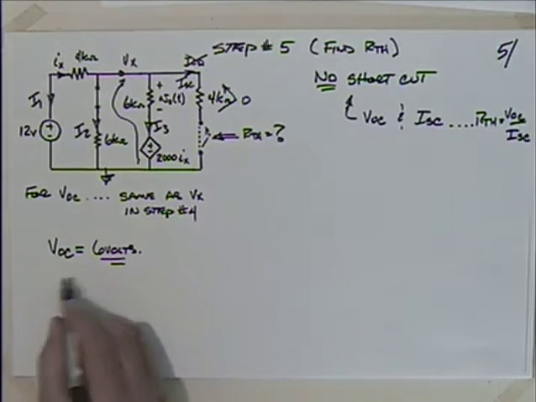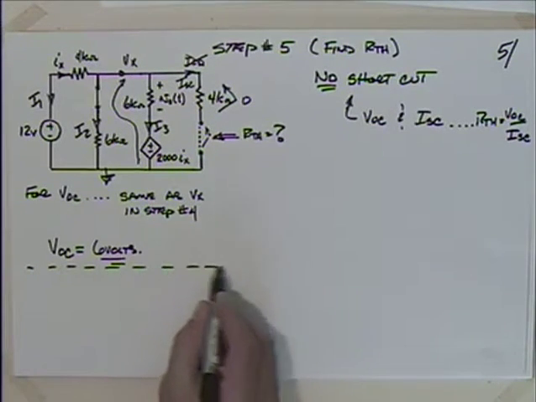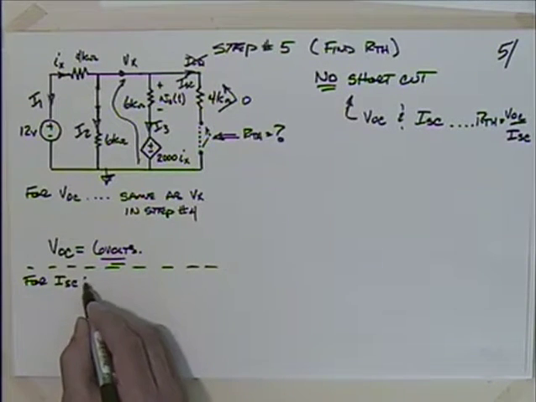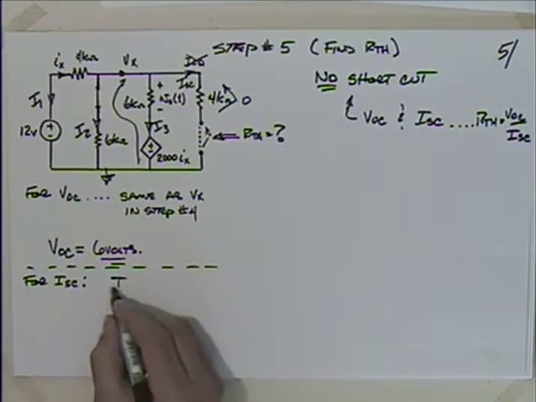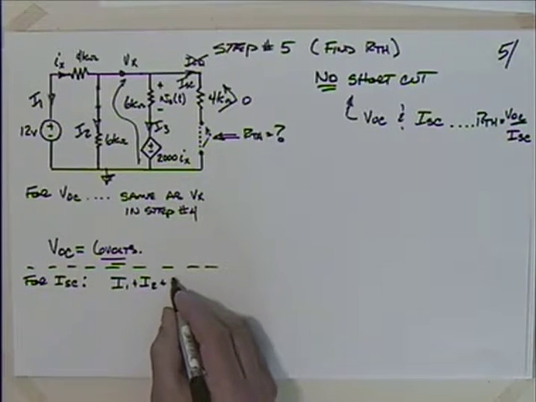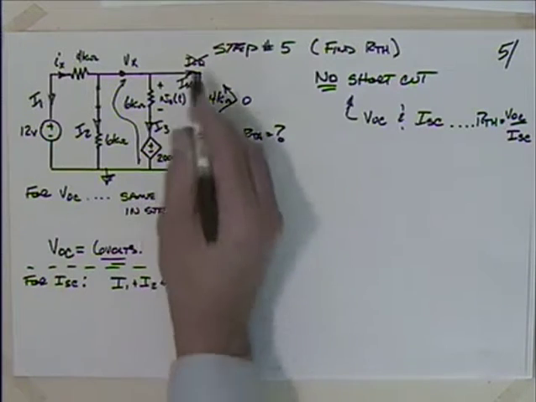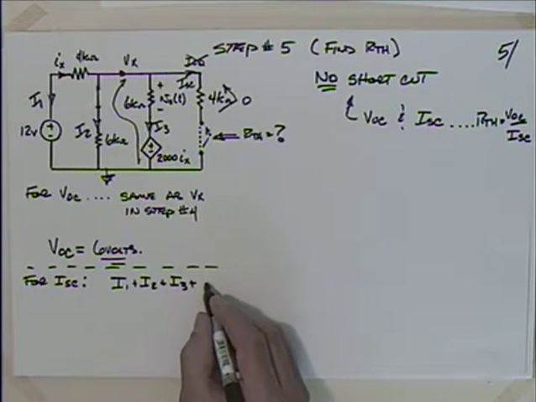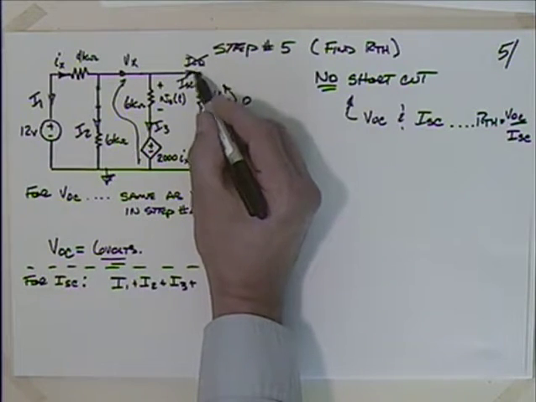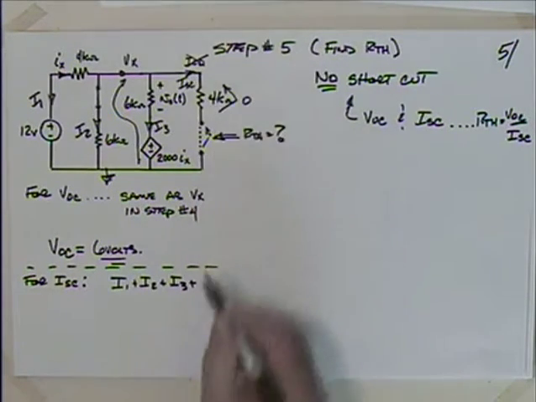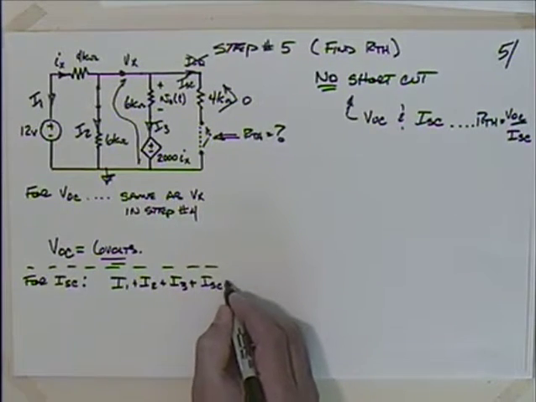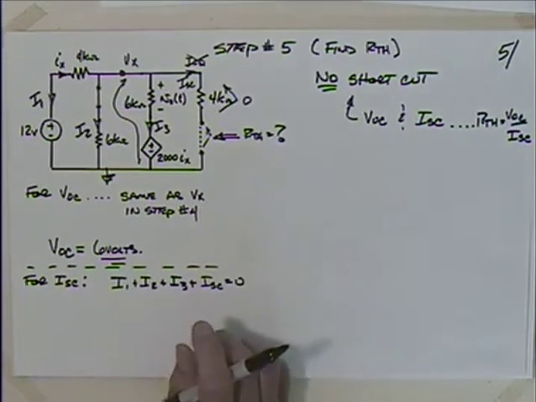So solving for I short circuit, we would have I1 plus I2 plus I3 plus I short circuit, right, or I4, whatever you want to call it. Now that this is shorted out, it's not equal to 0. When we were talking about V open circuit, I said this was equal to 0, but now it's non-zero.